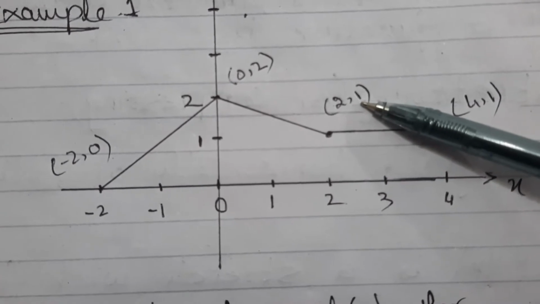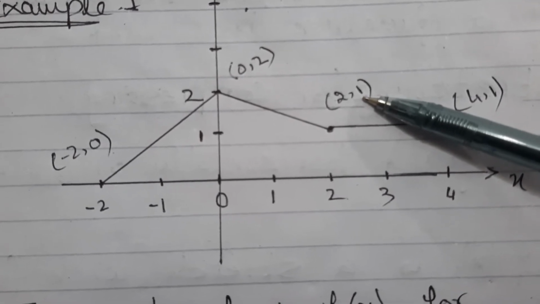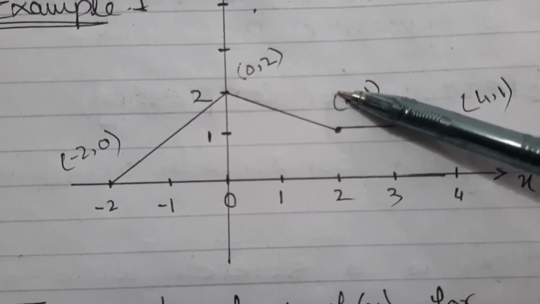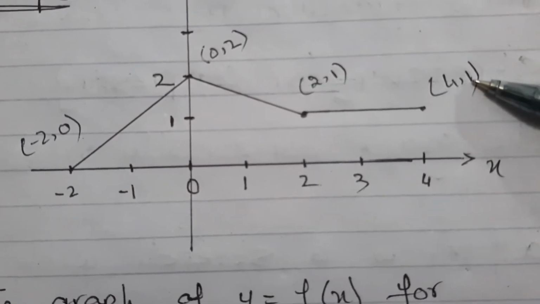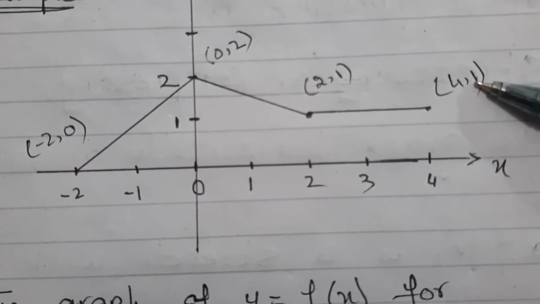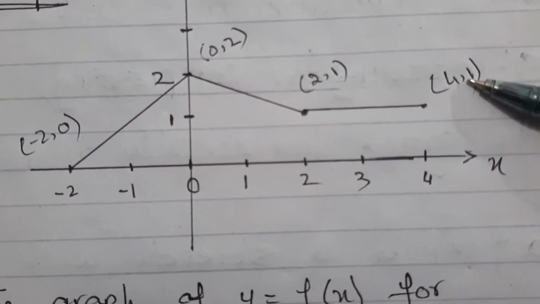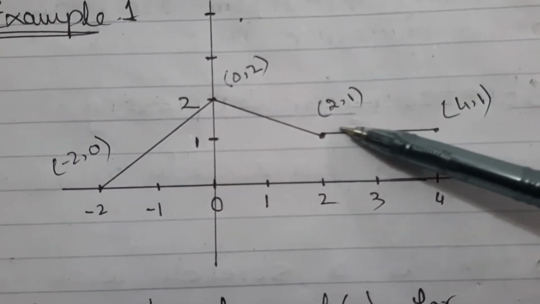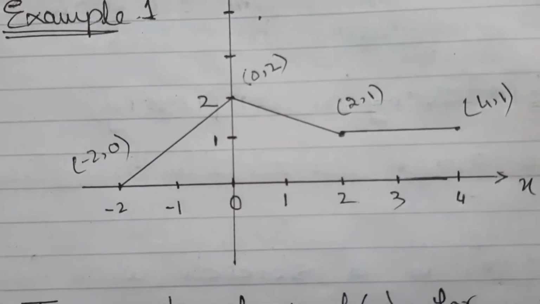Here the y coordinate is 1. If I multiply it by 2, 2 1s are 2. So it will become 2, 2. It will come here. And here the y coordinate of this point is 1. Multiply by 2, 4, 2. So this point will come here. So basically the graph will have a shape something like this. Let's see.